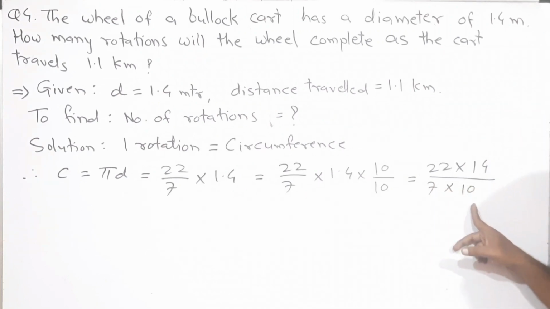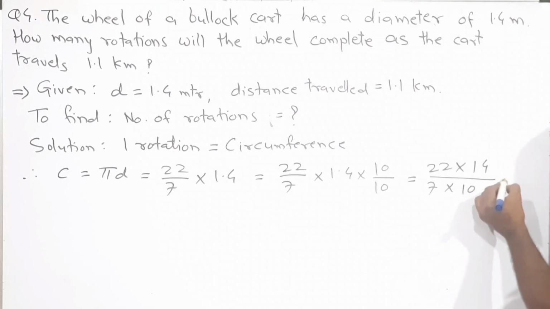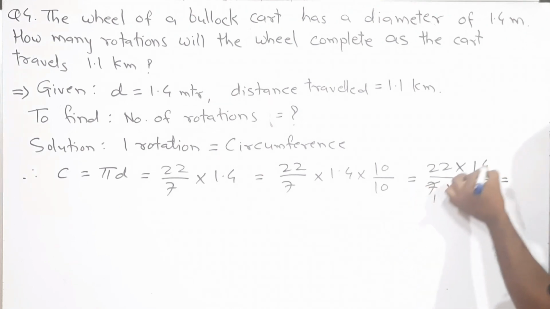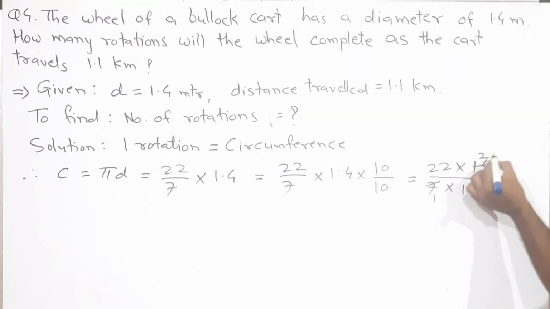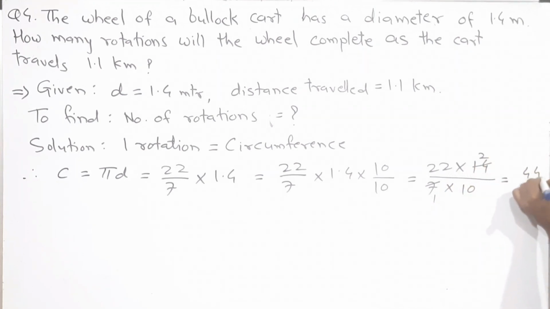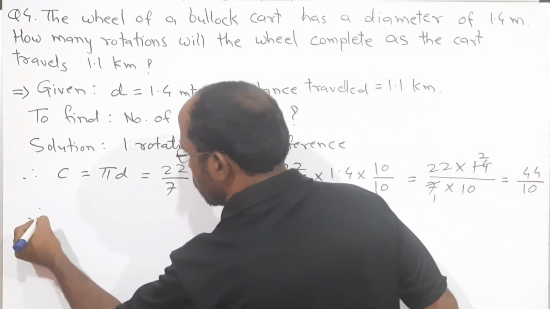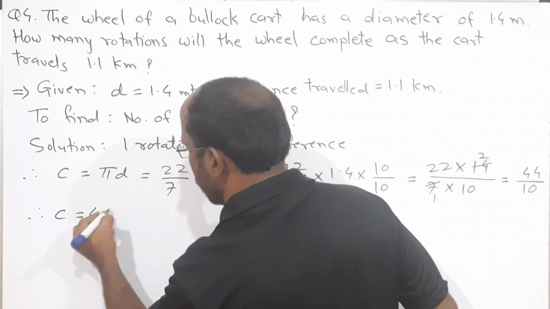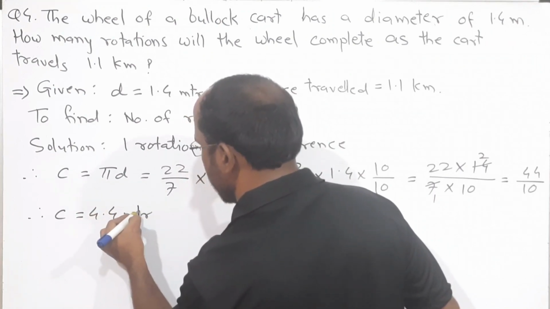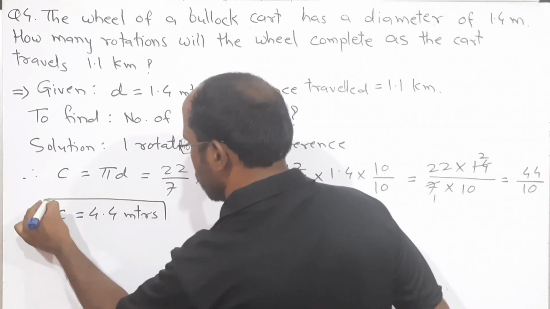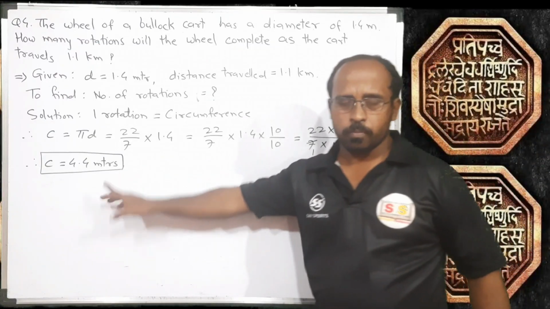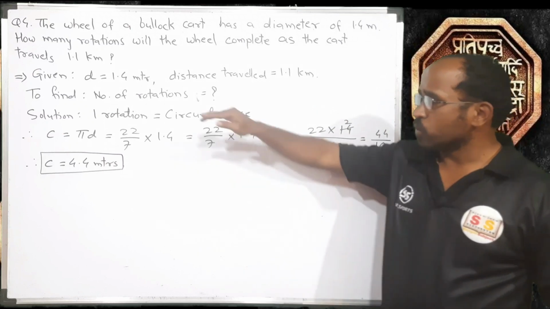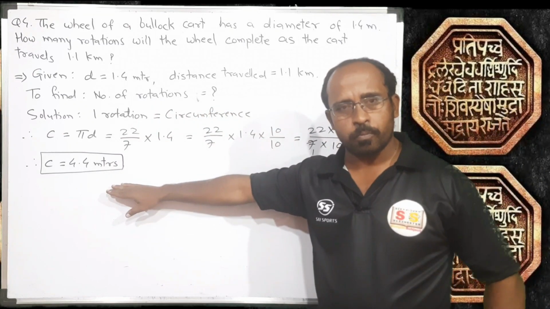Clear up to this? Now by applying the test of divisibility, 7 1s are 7, 7 2s are 14. So the numerator is 22 into 2, 44, denominator is 10. So circumference is 4.4 meters. 44 upon 10 is nothing but 4.4 meters. Clear up to this? So in one rotation it is completing 4.4 meters.